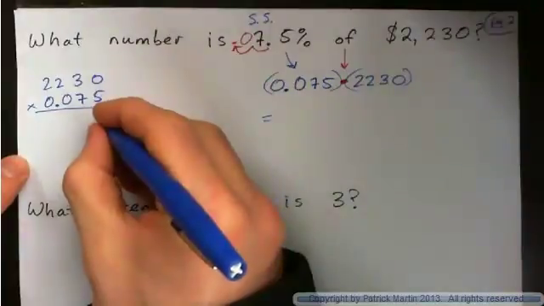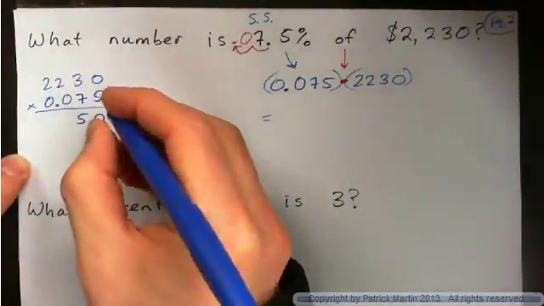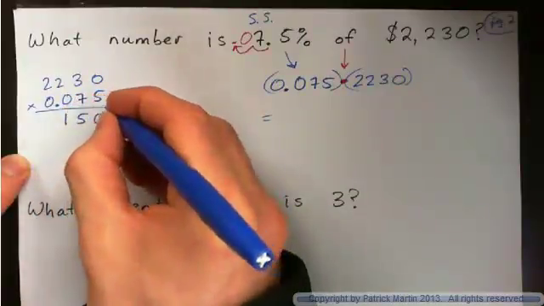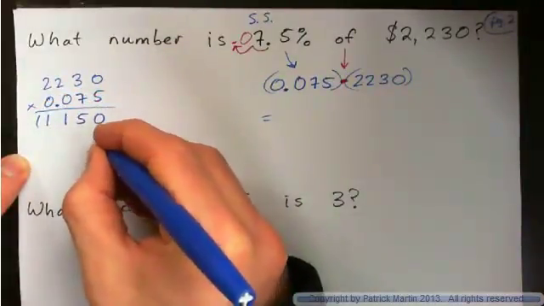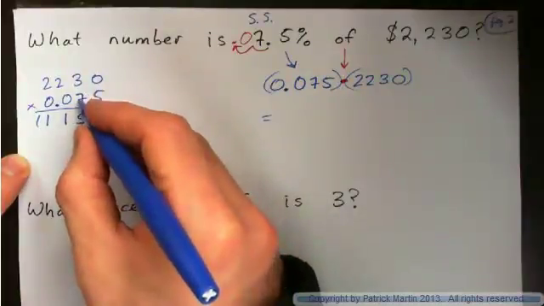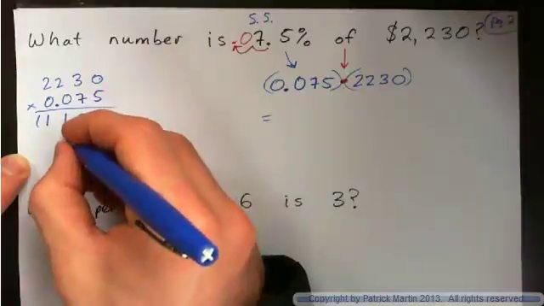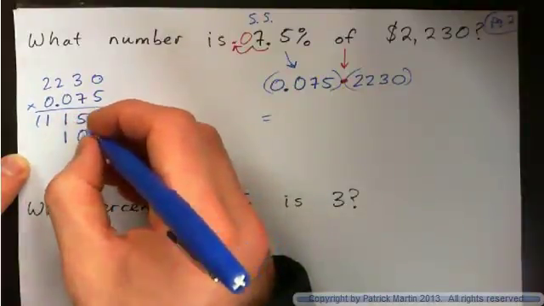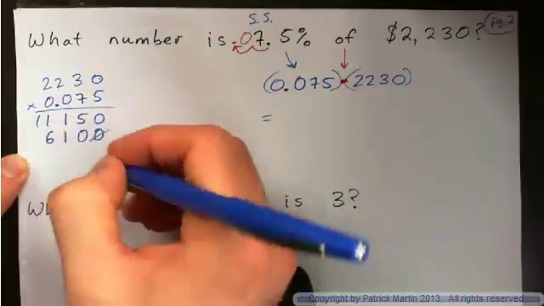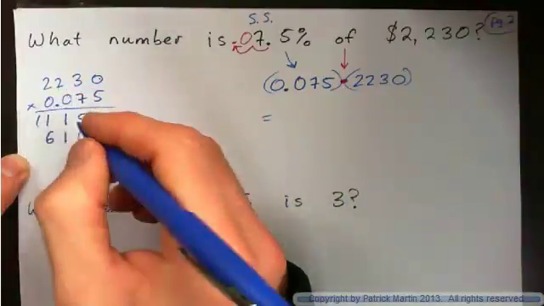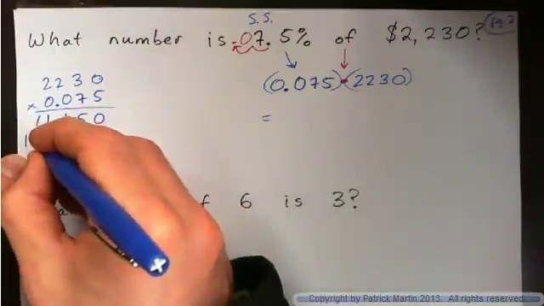5 zeros is 0, 5 threes is 15, carry the 1, 5 twos is 10, and 1 is 11, carry the 1, 5 twos is 10, 1 is 11. Put down 0 as a placeholder, and multiply by 7. 7 times 0 is 0. 7 times 3, 21, carry the 2. 7 times 2 is 14, 14 and 2 is 16, carry the 1. 7 times 2 is 14, 14 and 1 is 15.